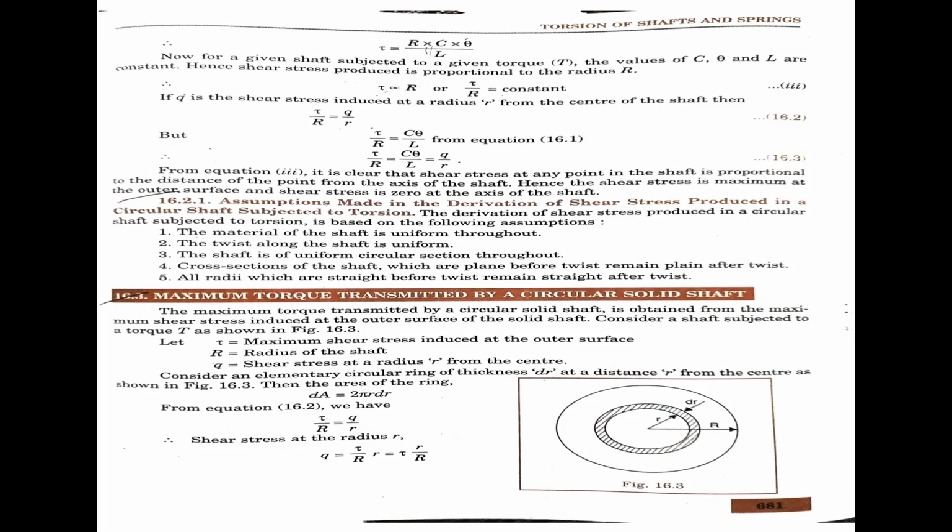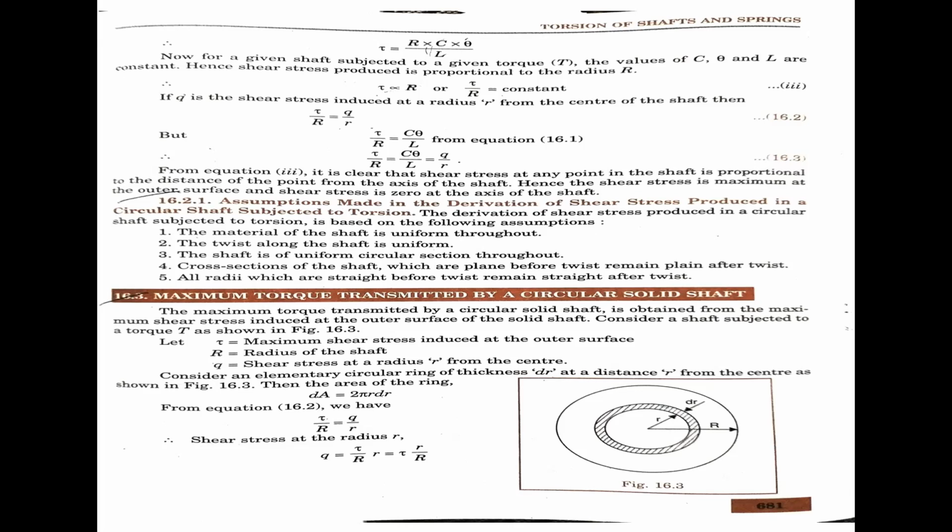Another one: maximum torque transmitted by a circular solid shaft. The maximum torque transmitted by a circular solid shaft is obtained from the maximum shear stress induced at the outer surface of the solid shaft. This is the same concept as in the circular shaft in torsion.